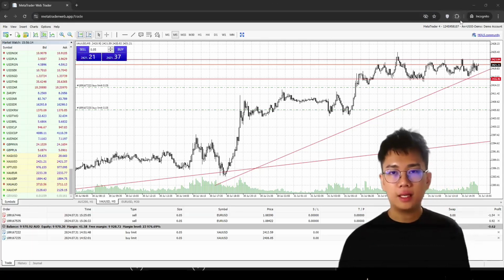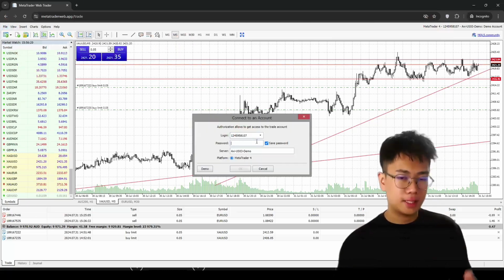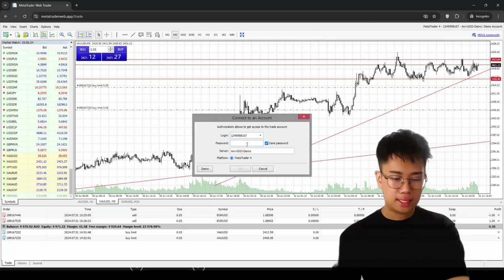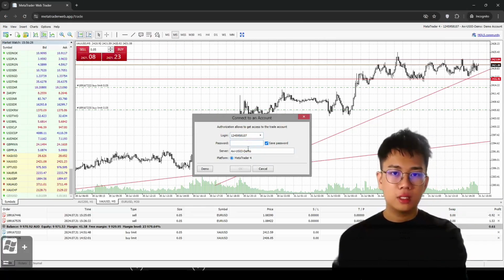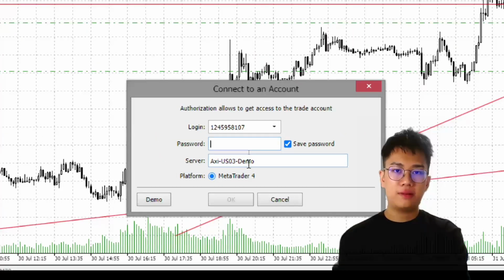Basically, when you first come in, it will come to a place that asks you to log in. So this is my login account and my password, and I just key in my server. You can get the demo account from my team, and I believe the server is going to be the same as mine.